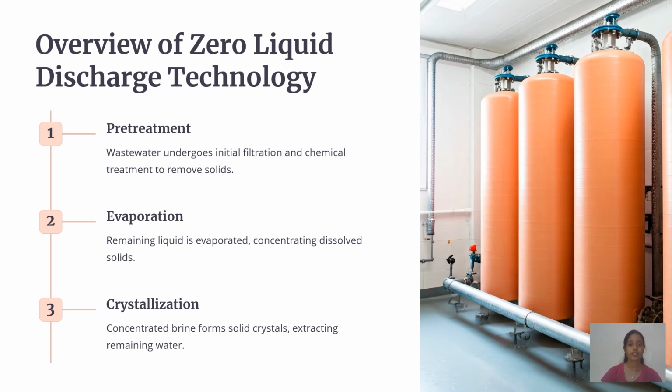So by treating, purifying and recycling wastewater, the zero liquid discharge has helped many industries to comply with environmental regulations and also to conserve water and reduce the pollution. So it is gaining attention in water scarce regions where sustainable water management is very critical.